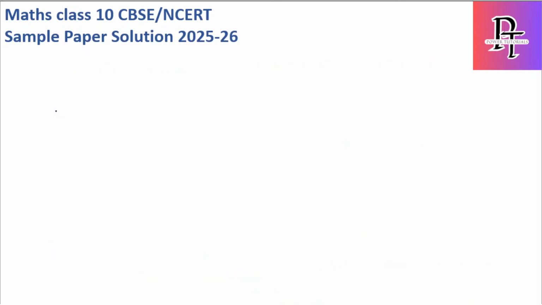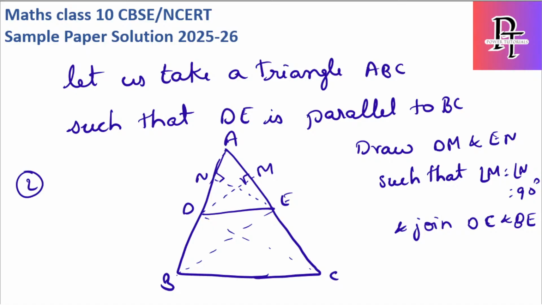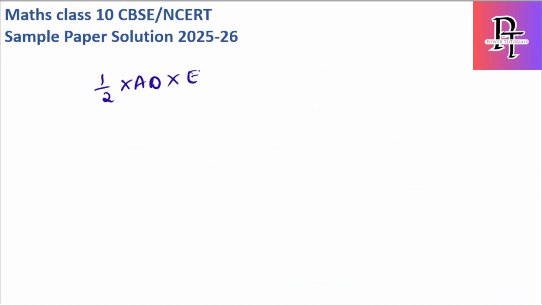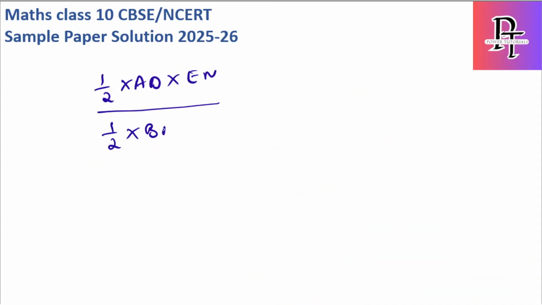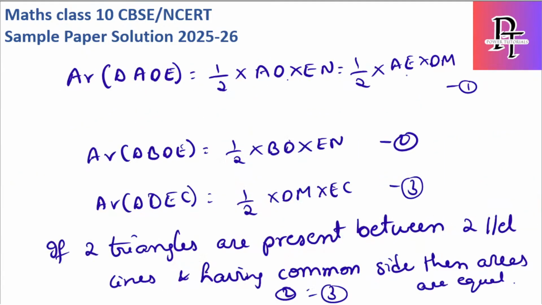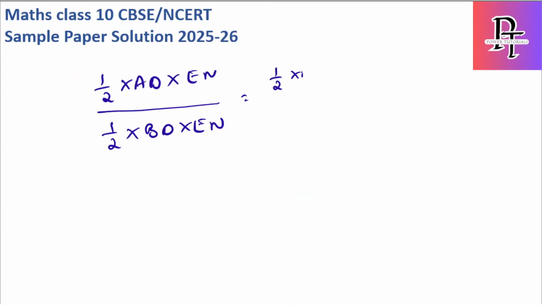So half into AD into EN by half into BD into EN is equal to half into AE into DM by half into DM into EC.